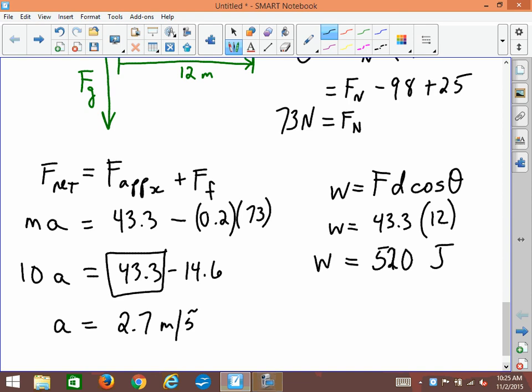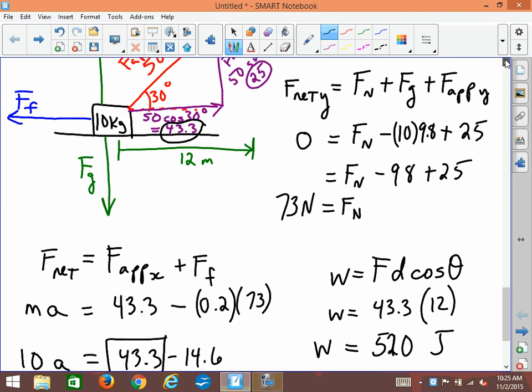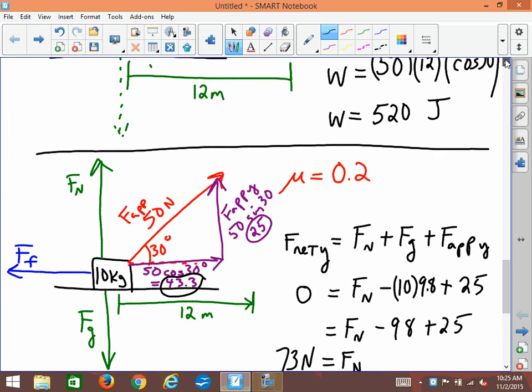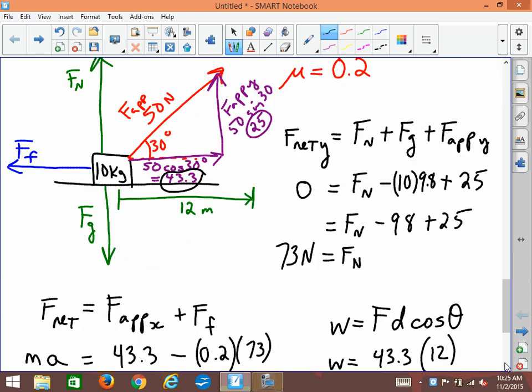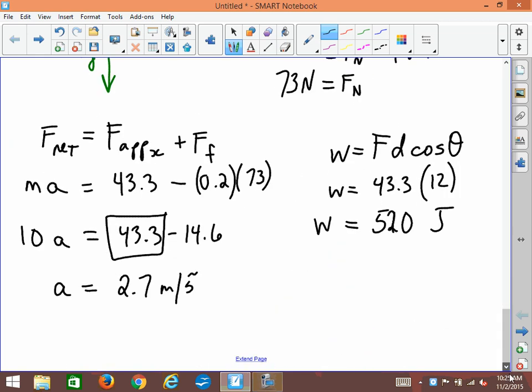So let's look at that and compare to our previous situation. 520 joules. So the friction has no effect on how much work is done. So what's the difference? Well, in the first case, you would achieve that amount of work faster because you were accelerating more. Here, you're accelerating slower.